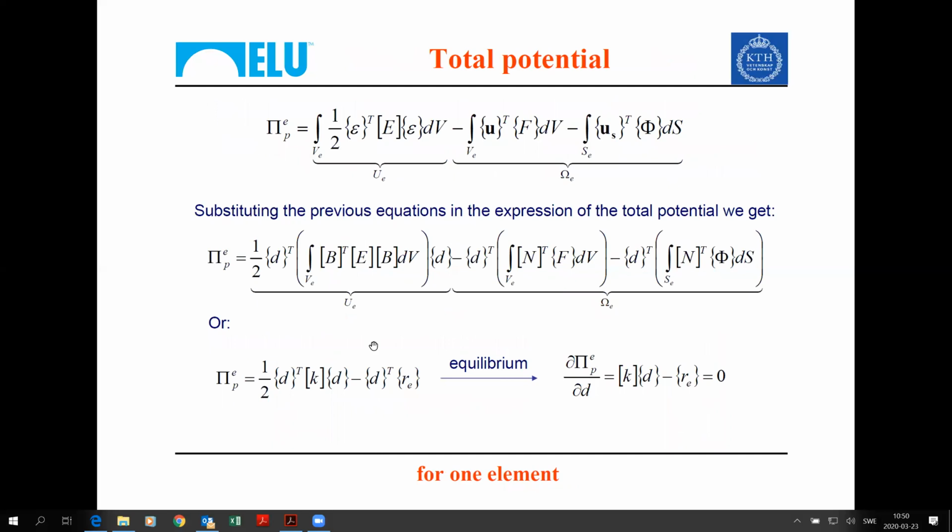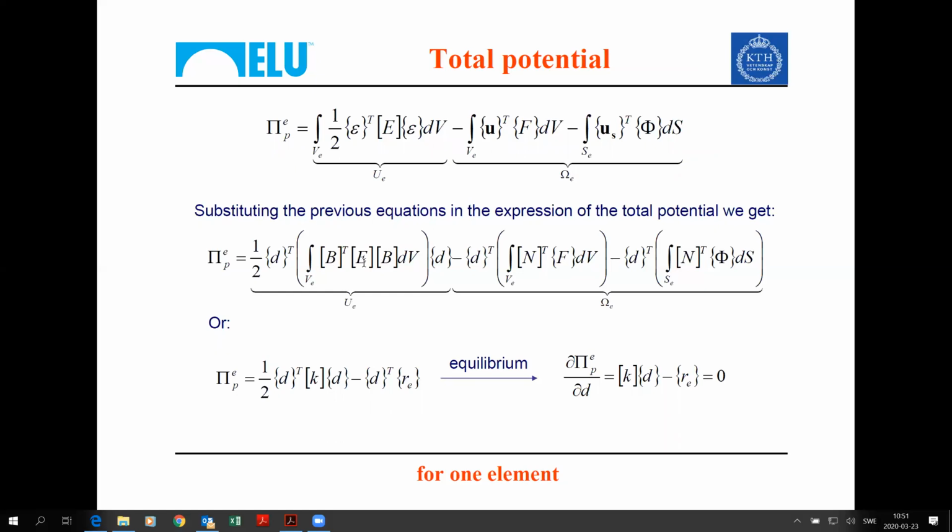Once we have done this, we look at the expression of the strain energy, we replace epsilon by B times the vector of nodal displacement, and we get the expression of our stiffness matrix, which is an integral over the element's volume, B transpose E B. Now, B is a matrix, no longer a vector.